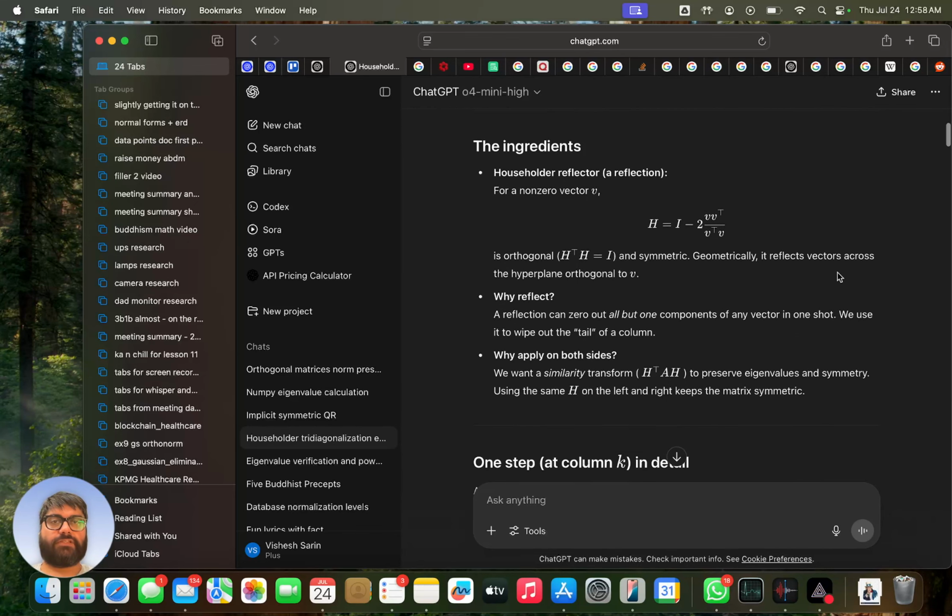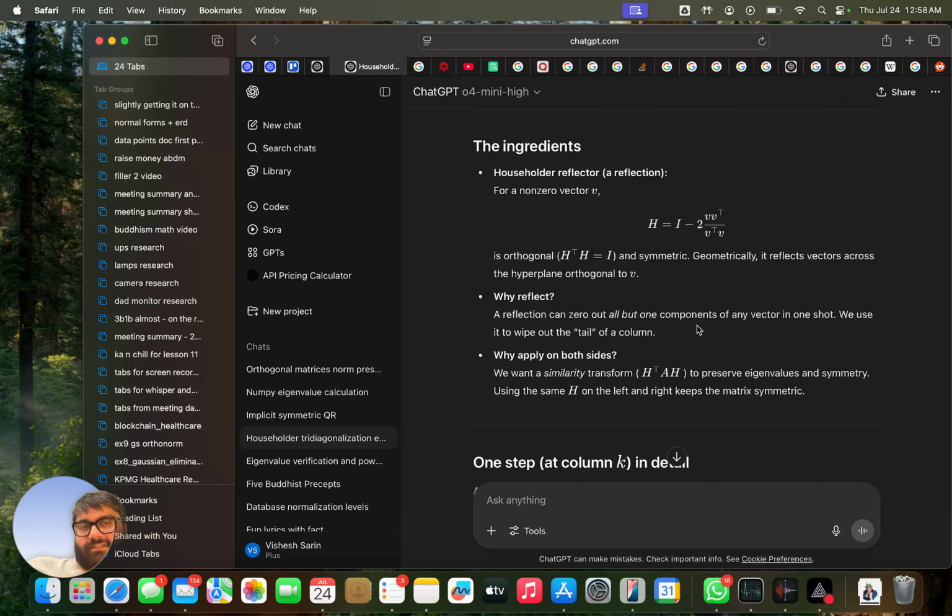So essentially, the Householder reflector, probably named after some dude, is the identity matrix minus 2 times, for a non-zero vector, the outer product of the vector divided by the dot product of the vector.